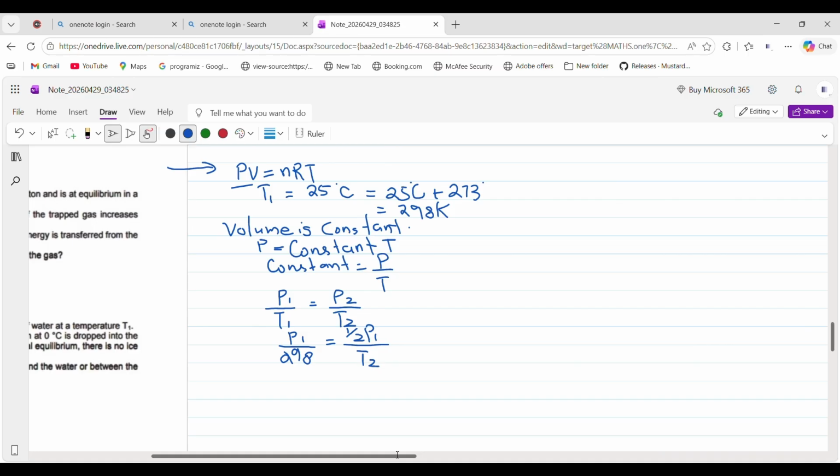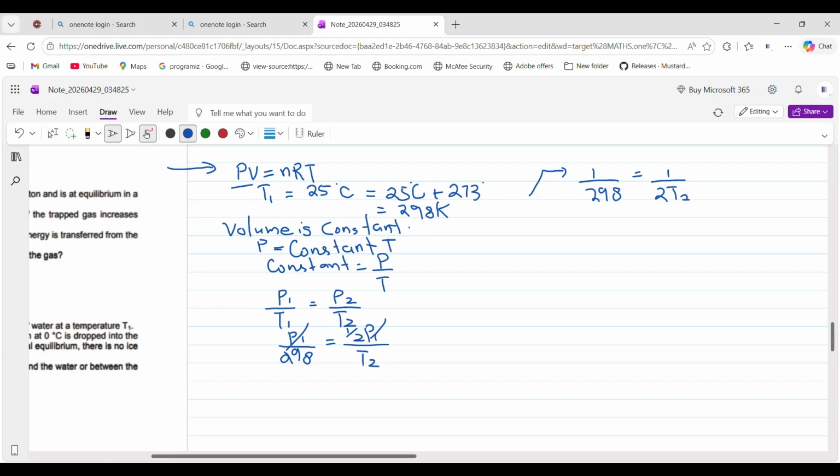Now I'm solving here so that we can solve our next question there. Now see, from here P1 is cancelled with this P1. What we are left with is 1 upon 298 equals 1 by 2 T2. This is very simple maths now. You have to find your T2, right?